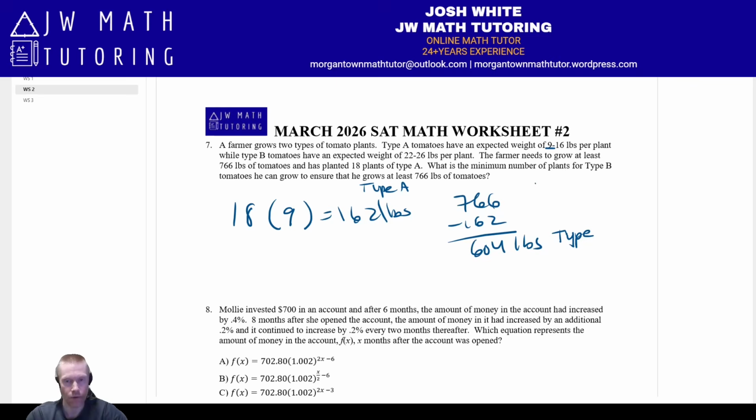And now, if we want to know the minimum number of tomato plants, again, we have to assume the lowest possible yield, which would be 22 pounds for each individual plant. So we take this and divide it by 22.